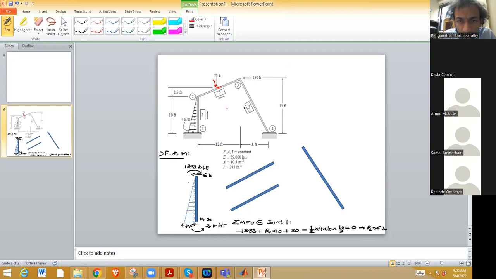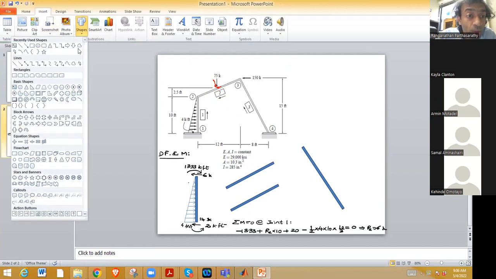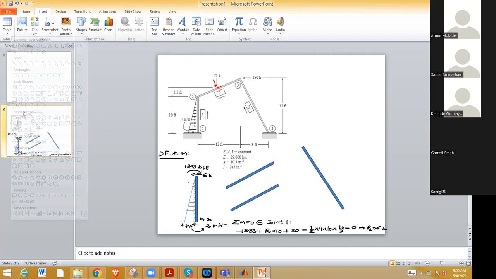So let's see the dimensions of this triangle. So I have here 15 feet, I have here 12 feet. So this triangle is, let me make it here. Please let me know at any point if you cannot hear clearly.